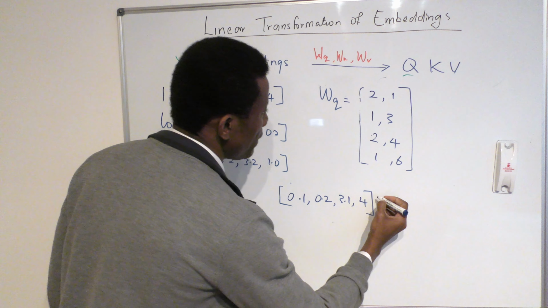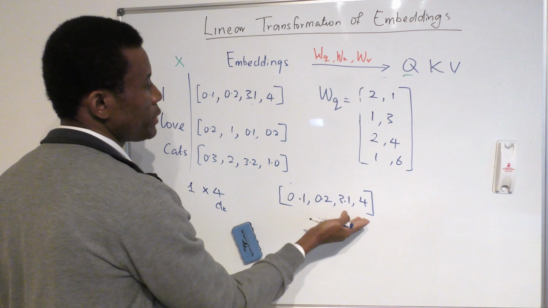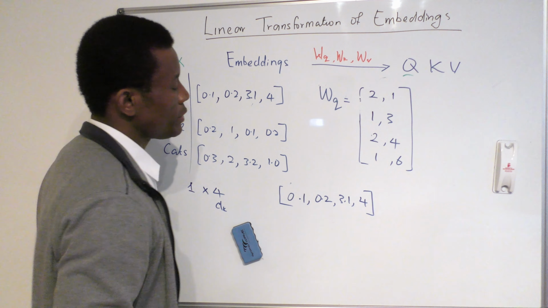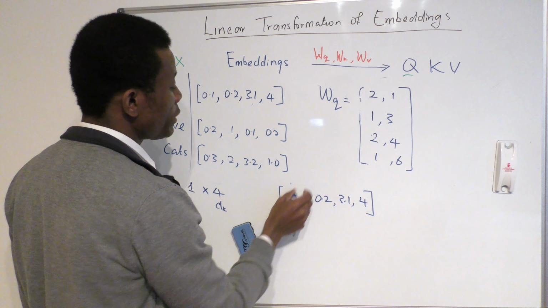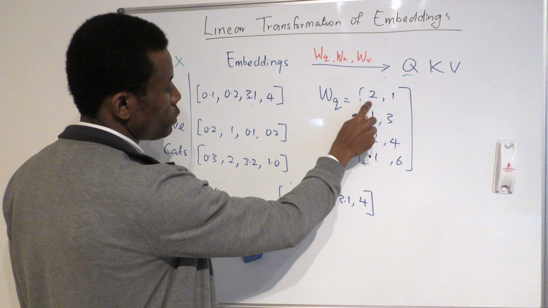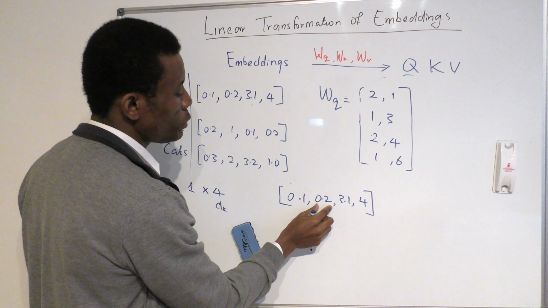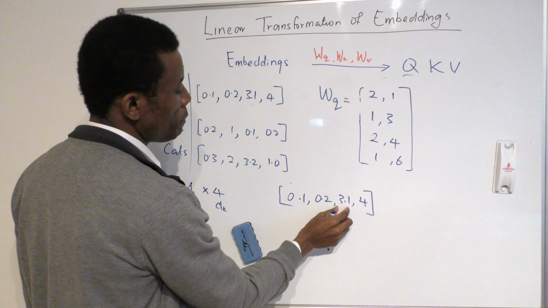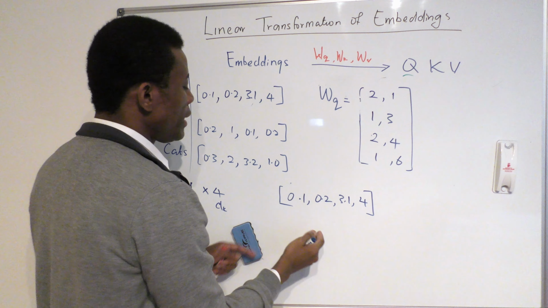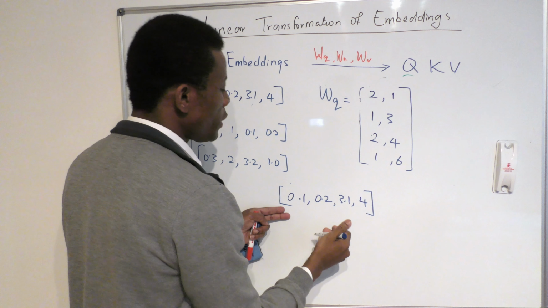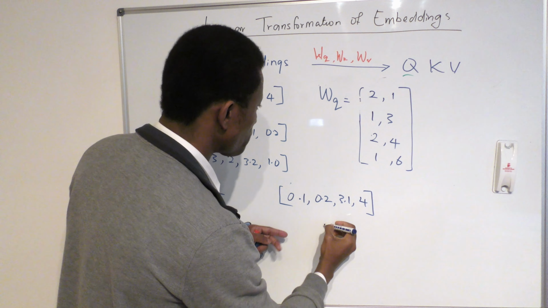Let's just leave it this way and do the multiplication, right? So we have 0.1 times 0.2 plus 0.2 times 1 plus 3.1 times 2 plus 4 times 1, right? So this gives you the first item.